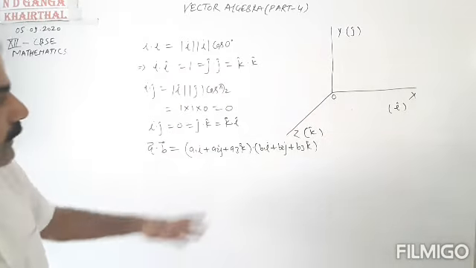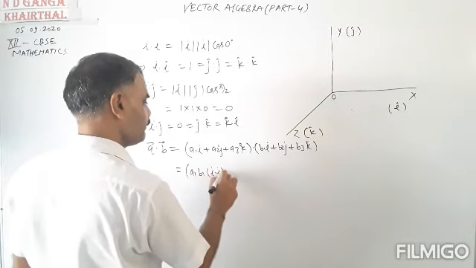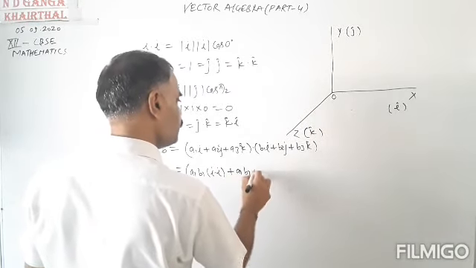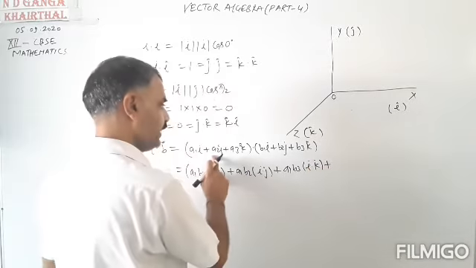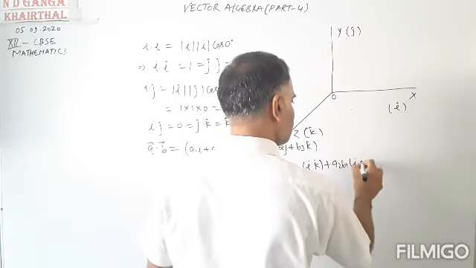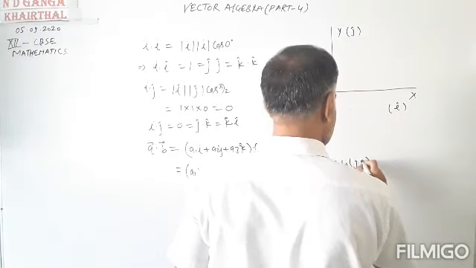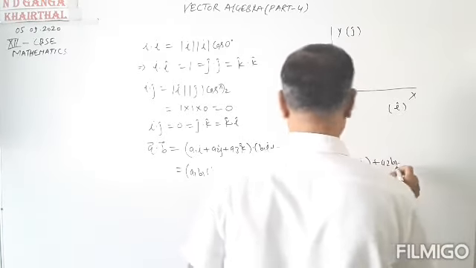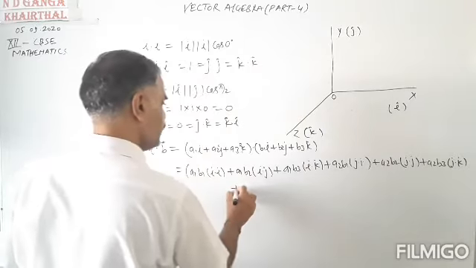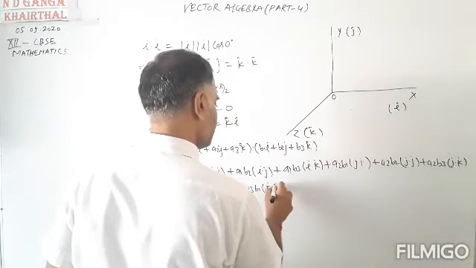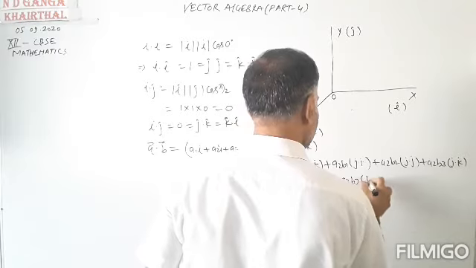So the dot product is equal to, we will have 9 terms: a1 b1 i cap dot i cap plus a1 b2 i cap dot j cap plus a1 b3 i cap dot k cap, plus now a2 b1 j cap dot i cap, plus a2 b2 j cap dot j cap plus a2 b3 j cap dot k cap, and then a3 b1 k cap dot i cap plus a3 b2 k cap dot j cap plus a3 b3 k cap dot k cap.